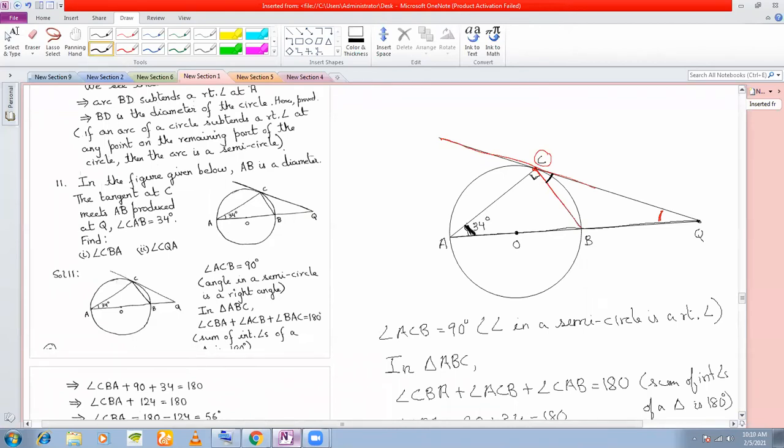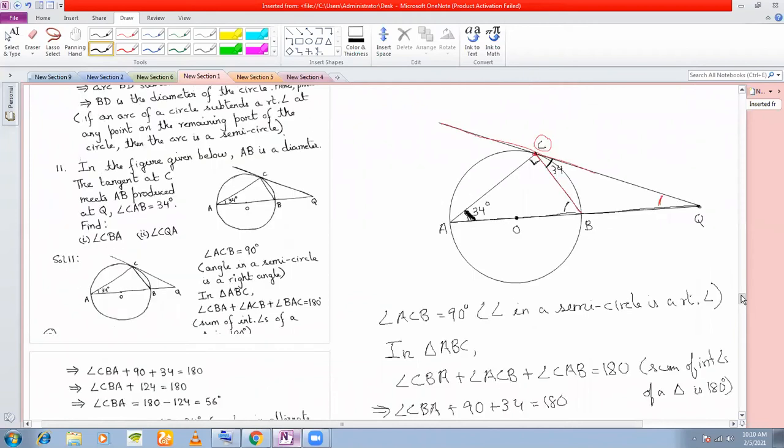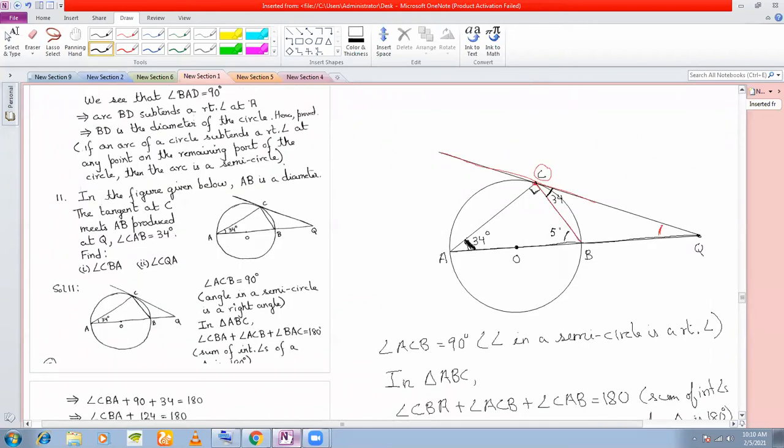They must be equal. So if this is 34, this must also be 34, right? Now once this is 34, we have already got this angle, right? How much have we calculated? 56. We have calculated this angle to be 56. Now what you see here is that this is a triangle. CBQ is a triangle.